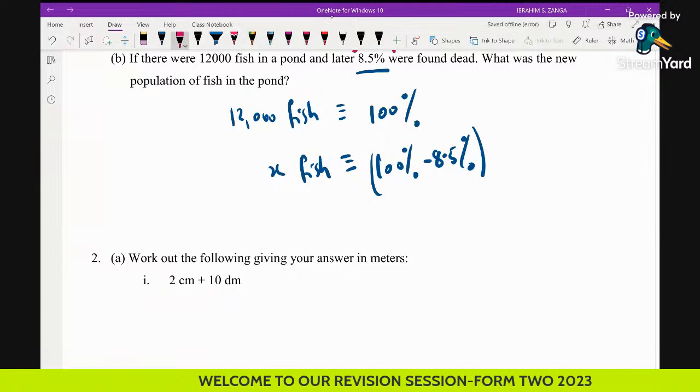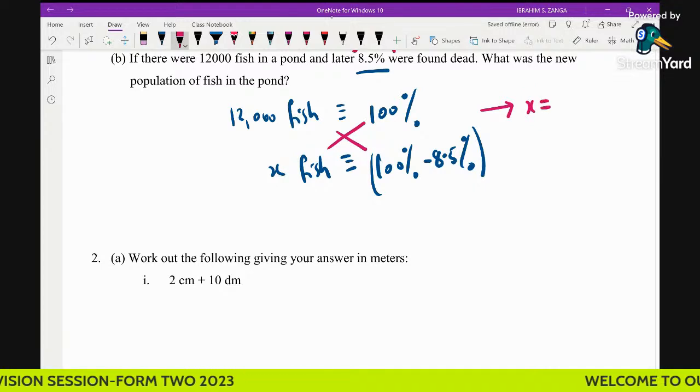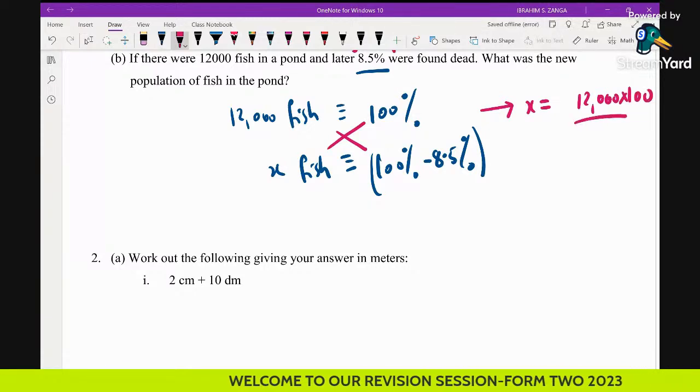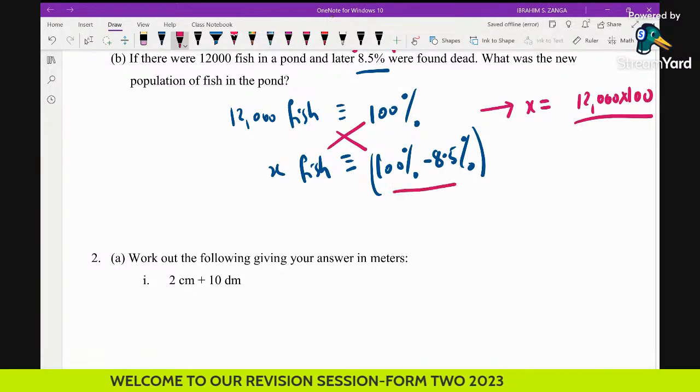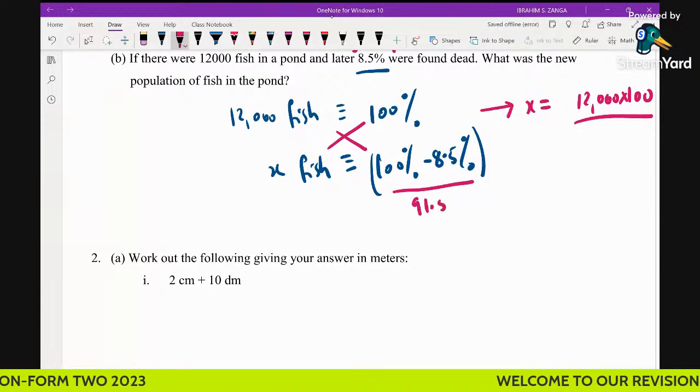How are you going to find x? You can cross multiply and say that x will be 12,000 multiplied by 100 minus 8.5, divided by 100. Basically you get 91.5.